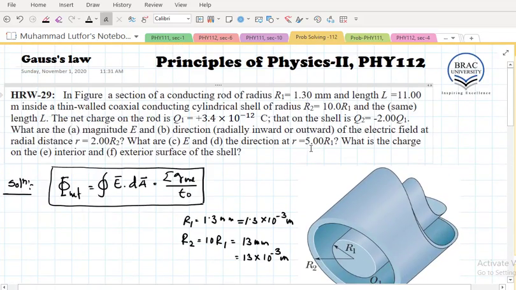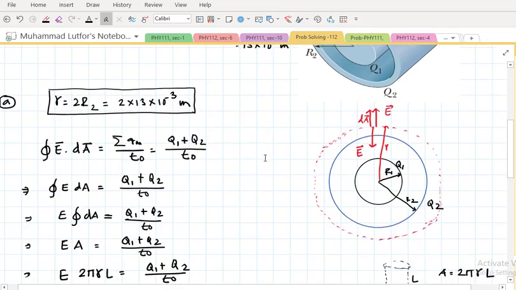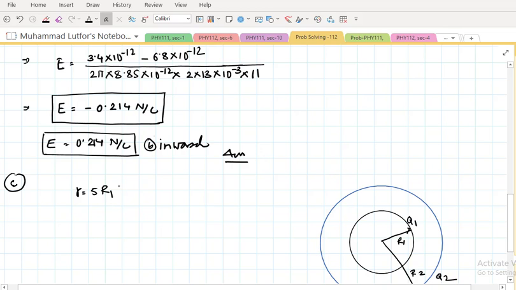For the case 5R1, where R1 is 1.3 millimeter, 5 into 1.3 into 10 to the minus 3 meter is going to be 6.5 into 10 to the minus 3 meter, which is less than R2, right?